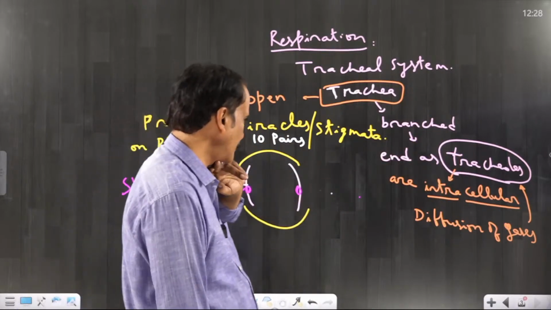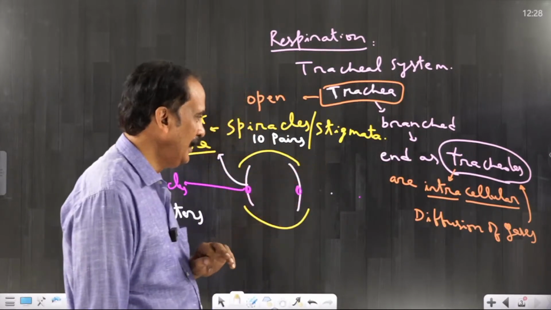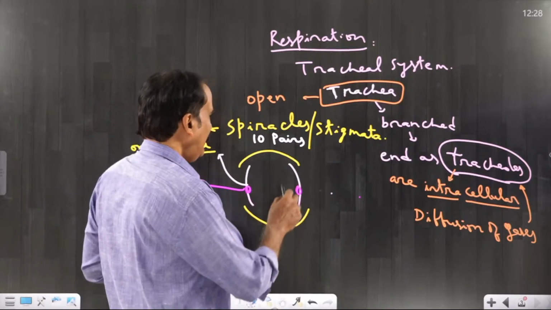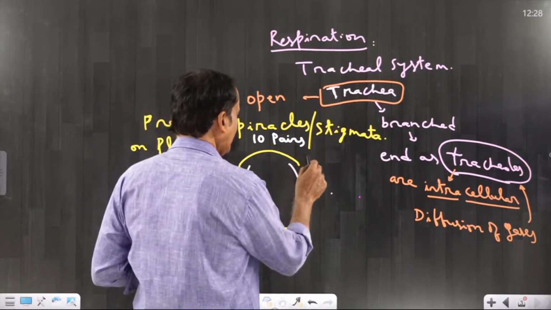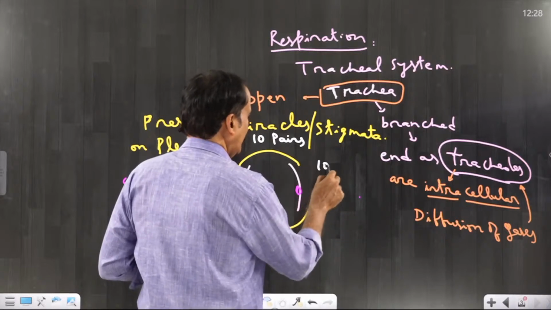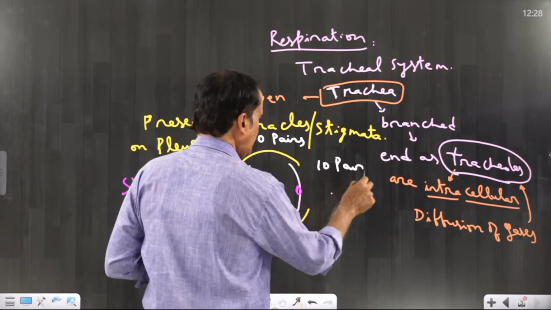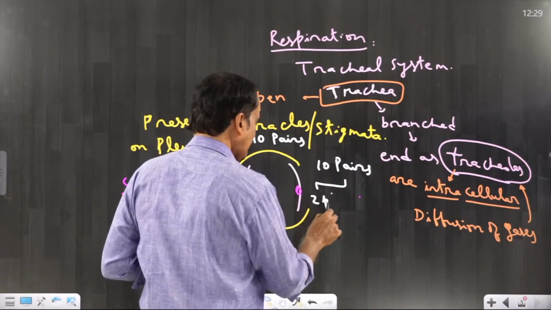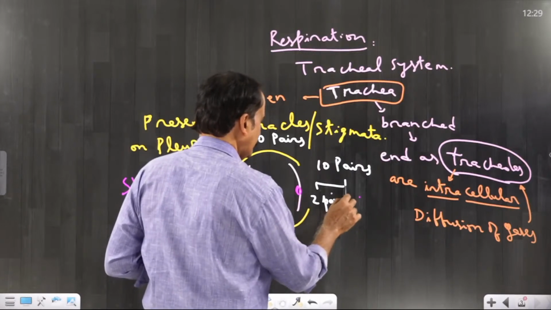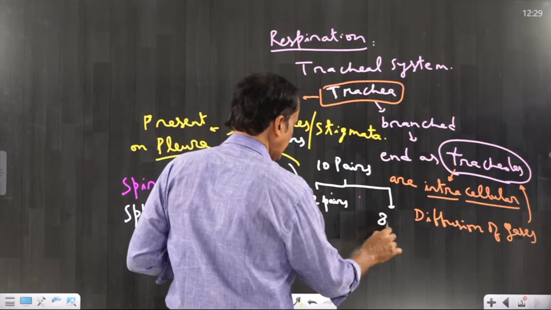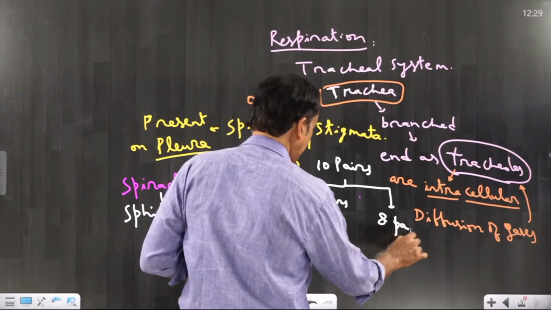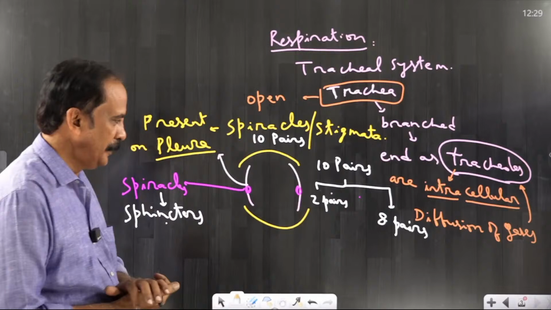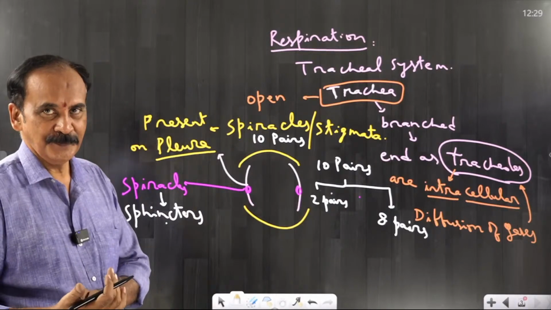Okay, this is what is given in the textbook, but slightly more details: these 10 pairs are distributed, 2 pairs in thorax, 8 pairs in abdomen. The 2 thoracic pairs are 1 pair in mesothorax and 1 pair in metathorax.